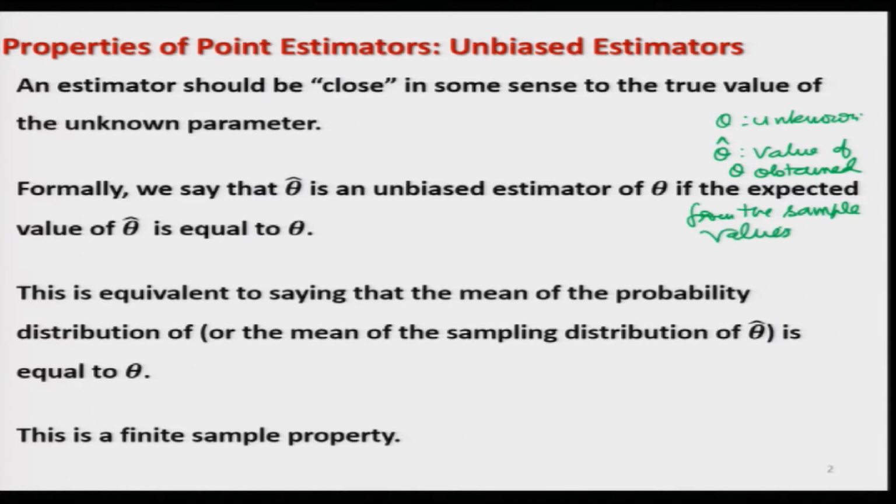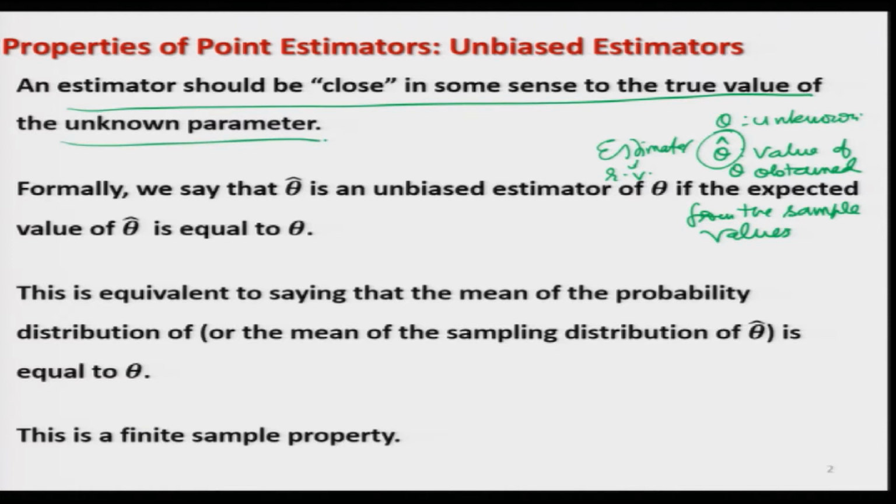This theta hat is called an estimator, and theta hat is also a statistic, so this is a random variable. What we expect is that an estimator should be close in some sense to the true value of the unknown parameter, and formally and statistically speaking, we say that theta hat is an unbiased estimator of theta if the expected value of theta hat is equal to theta.